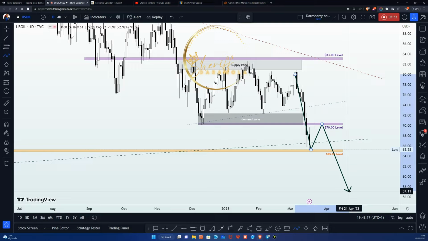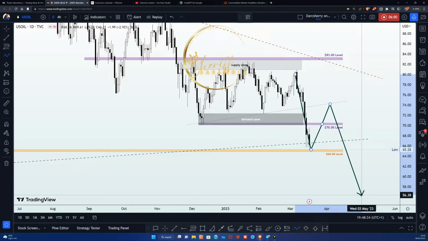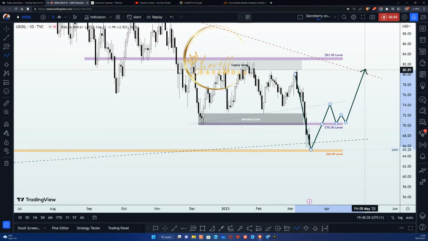So it could be a retest of the $70 level or of this trend line before the bearish momentum happens. But if we start seeing bullish momentum right above the structure, we might be getting ready for another wave of bullish momentum.